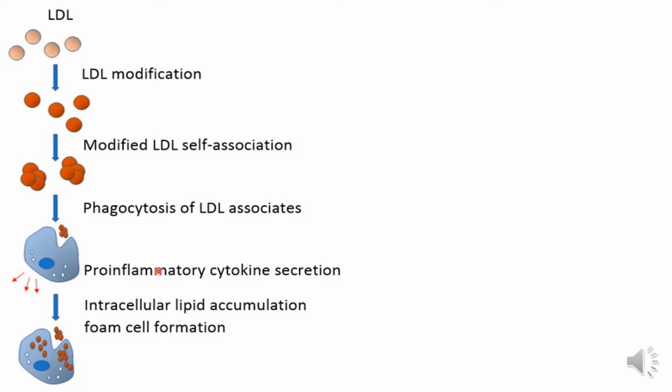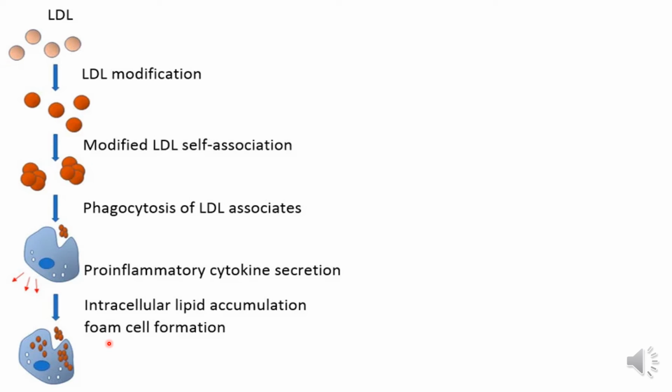There is release of pro-inflammatory cytokine secretion, and as these modified LDLs enter into the phagocytes and their number increases, they expand in number, there is a foam-like appearance in the phagocytes, and so they are known as the foam cells. The native LDL do not form foam cells.